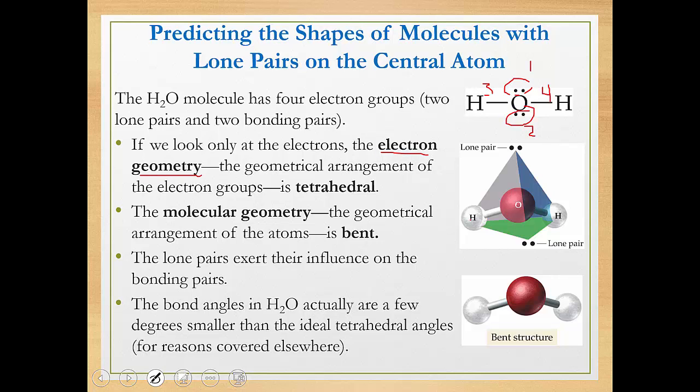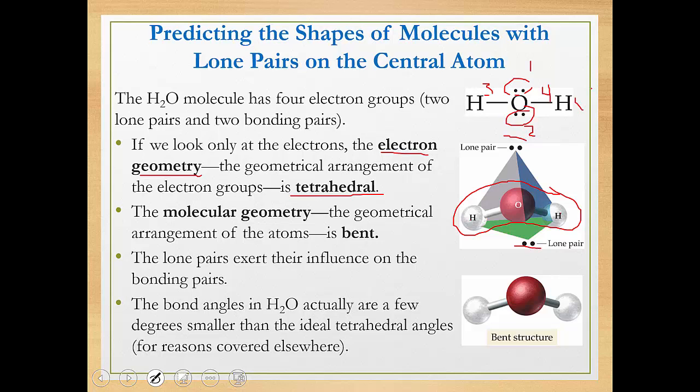Here's oxygen, I've got a hydrogen on one corner of my pyramid, a hydrogen on the other corner, I've got a lone pair at one end and a lone pair at the top here. So again, that whole thing's tetrahedral. Those lone pairs still come into play and they still affect the shape of it. But if I can only see the atoms again, if those lone pairs are invisible, what does this look like? Well, it looks bent.